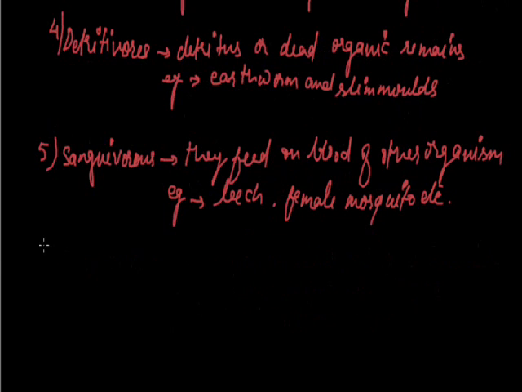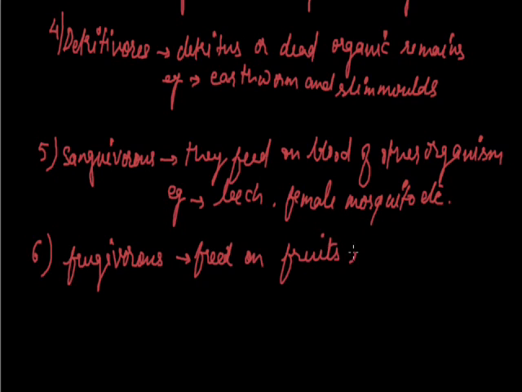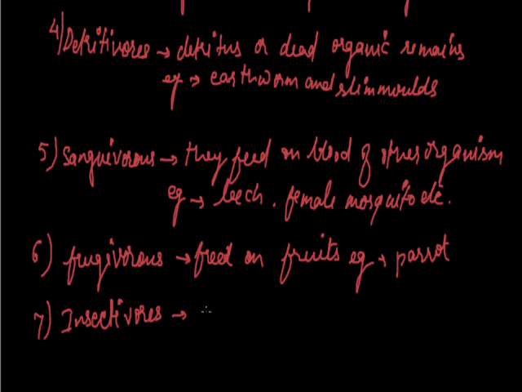The sixth category is frugivores. They feed on fruits. Example: parrot. And the seventh and last category is insectivores. Insectivores are those organisms which feed on insects.